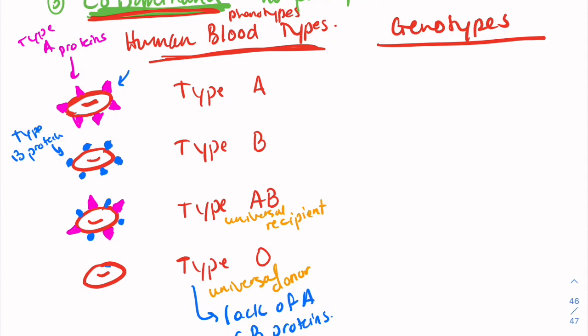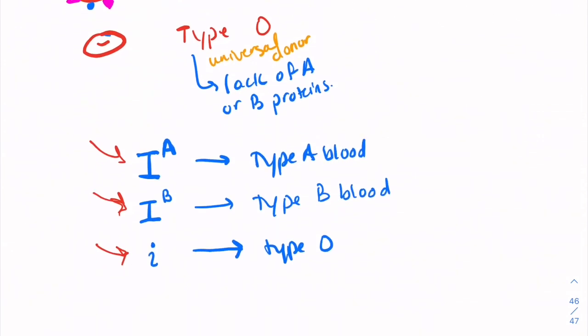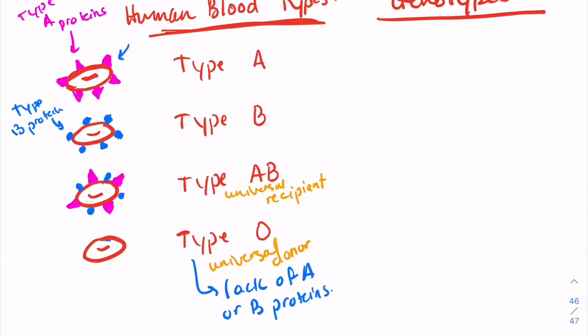So, type A. A type A person is going to have 2 out of 3 of these, right? So, a type A person could have I with a capital A, and their second allele, one that they inherited from their birth mother, one that they inherited from their birth father, would be like that.